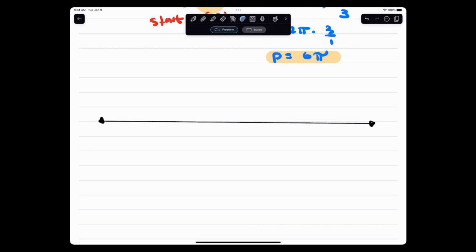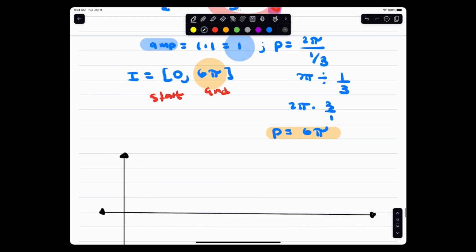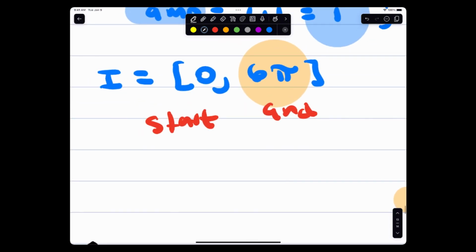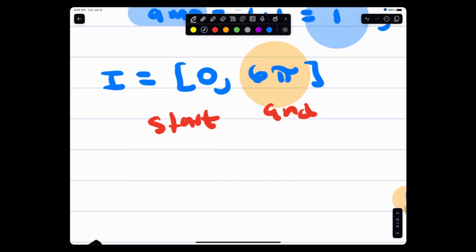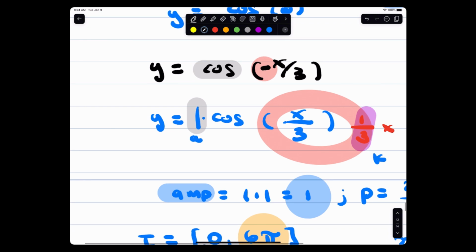Okay, so ladies and gentlemen, you're going to start where? At 0. You're going to end where? 6 pi. Can I ask you guys, what kind of curve is this? It's cosine.